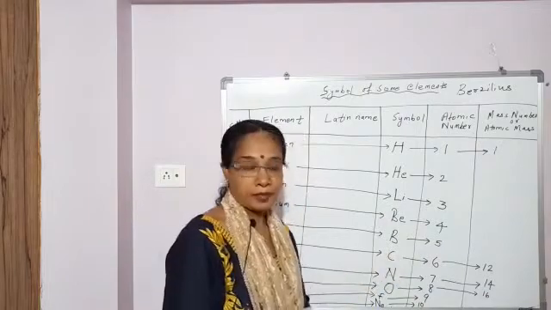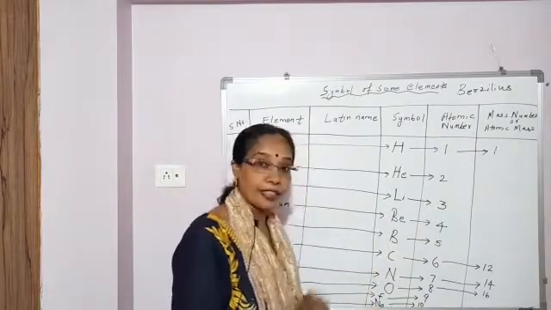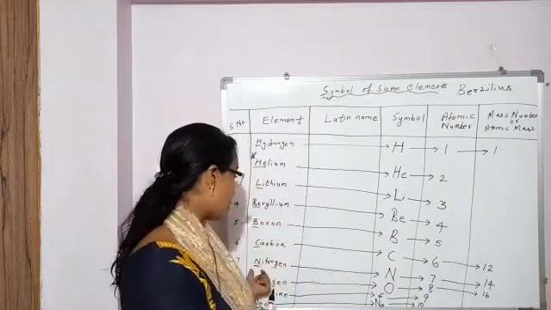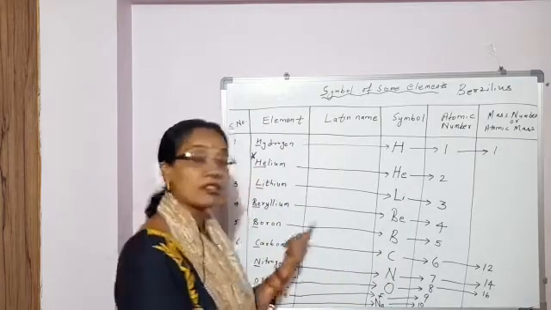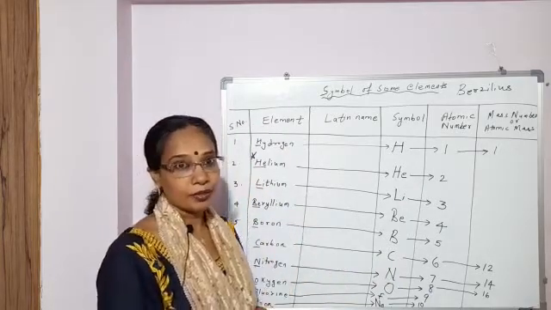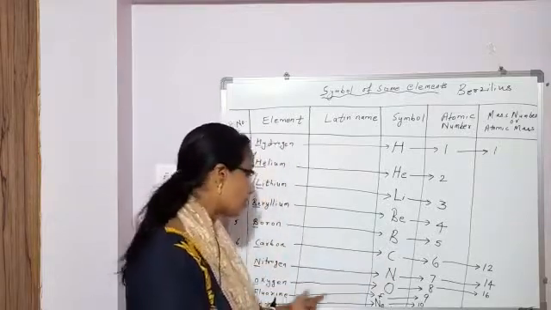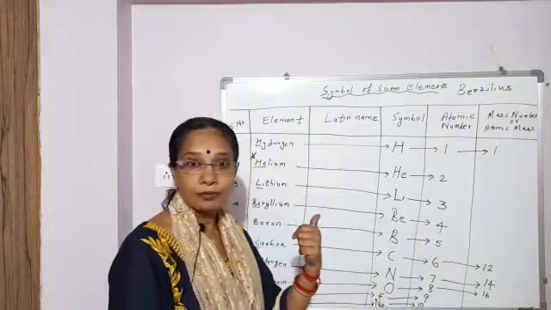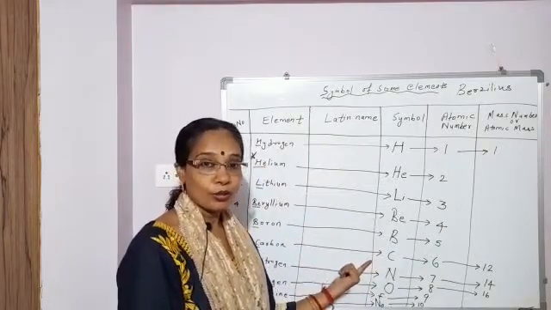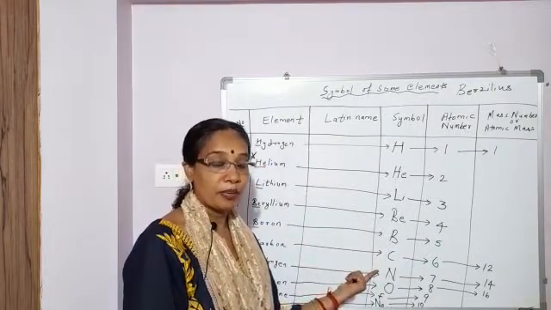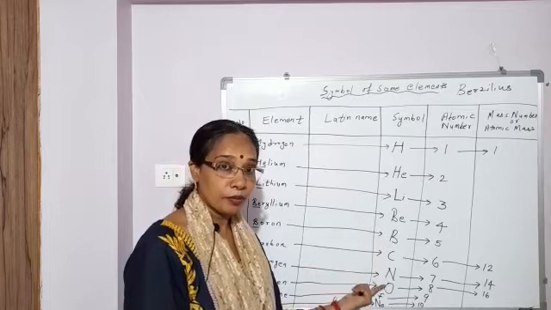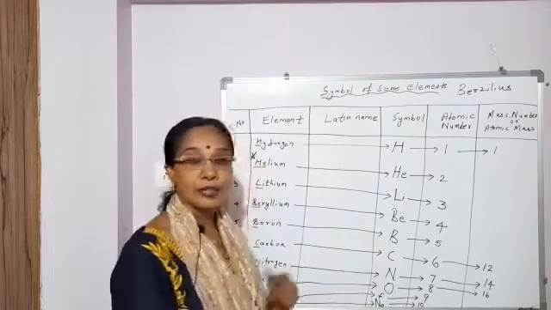Why are the first and second letters used for neon, students? Because in nitrogen the first letter is N, and in neon also the first letter is N. So for nitrogen only the first letter is taken. For neon also, if we write only the first letter, it will be very confusing. So the first and second letters are used here.